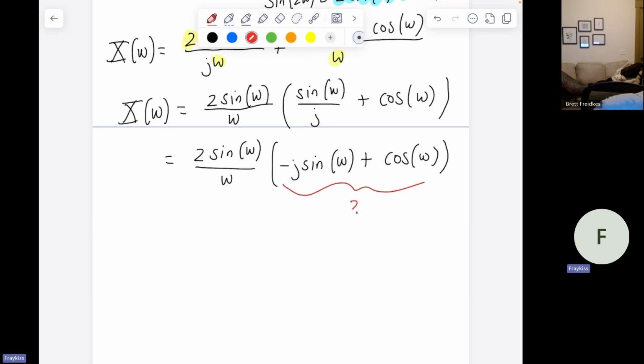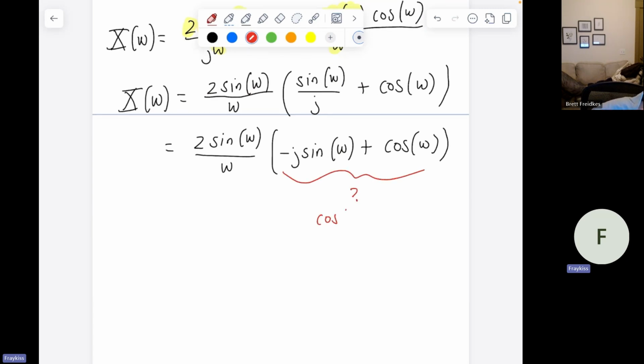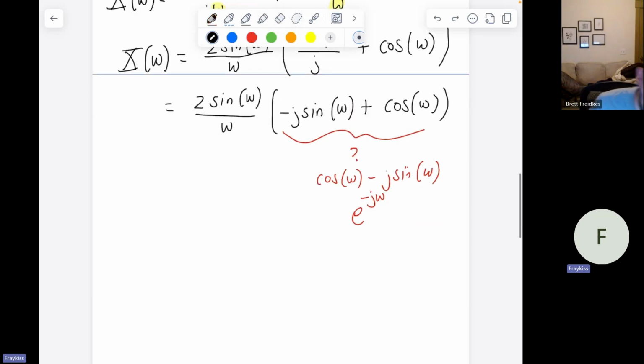And what is this? This is cosine omega minus j sine omega. That is Euler. This is the same as e to the minus j omega because of this minus sign. So that whole term with the sine omega and cosine omega will reduce to just the exponential.